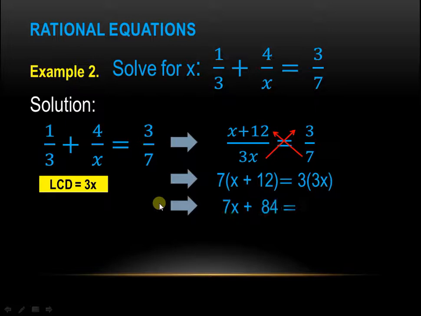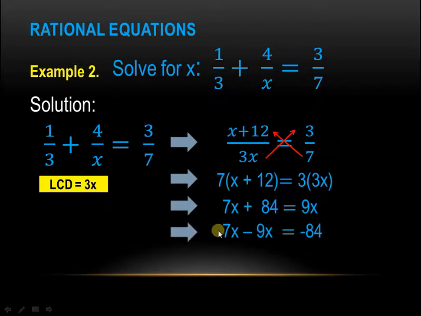So we have 7 times x is 7x plus 7 times 12 is 84 is equal to 3 times 3x, which is 9x. We're going to transfer the 84 and the 9x so that all similar terms will be on one side and the other similar terms on the other side.